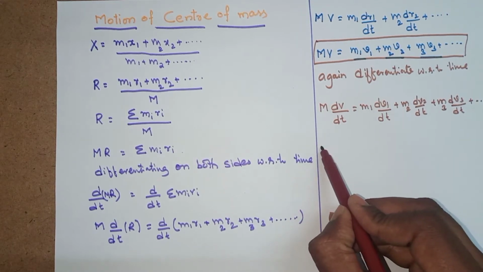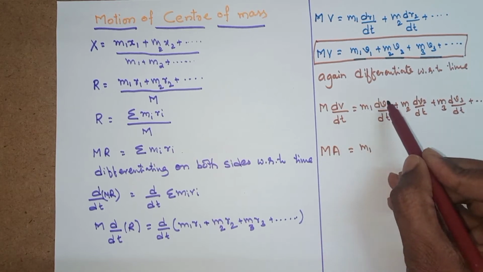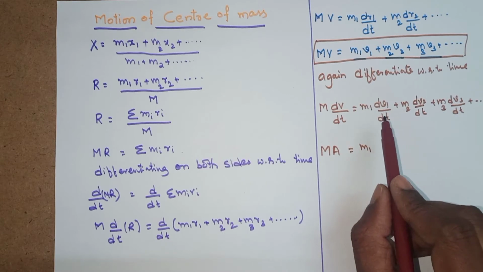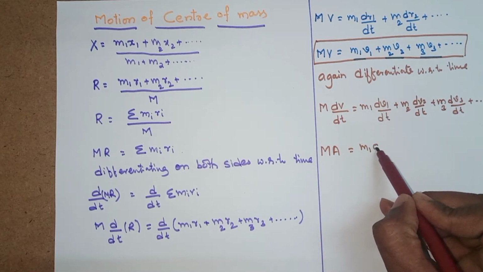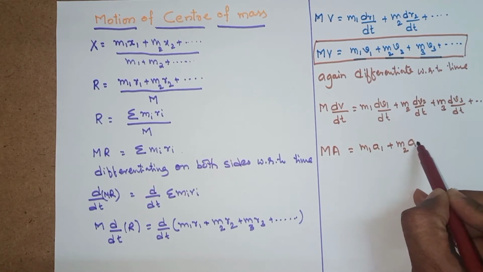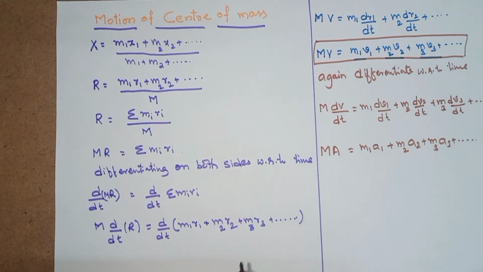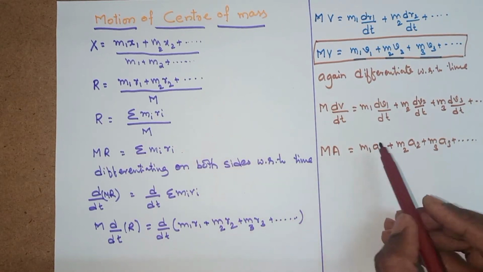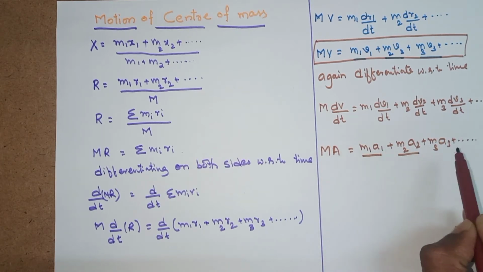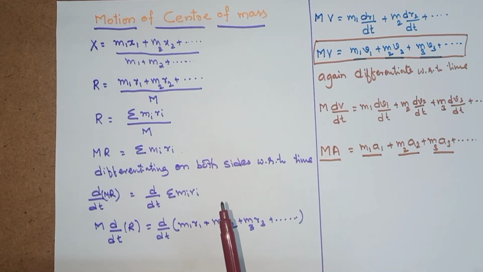We write it as M into a, which equals m1 times dv1 by dt, the rate of change of velocity of the first particle. We write acceleration a1, and m2 a2, m3 a3, and so on. So this is about the first particle, second particle, third particle. This is the complete body.